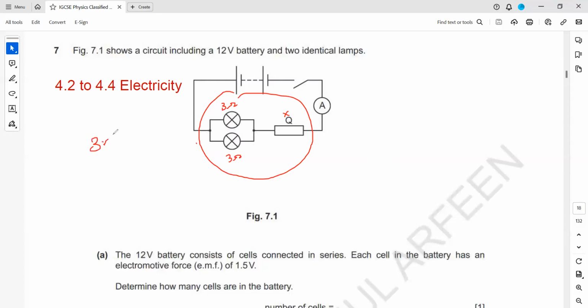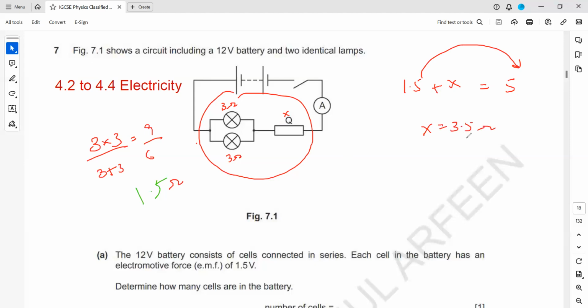It will be product divided by sum, so 3 multiplied by 3 over 3 plus 3, which is 9 divided by 6, or 1.5 ohm. So 1.5 ohm is the combined resistance of the two lamps. This 1.5 plus X, which is the resistance of Q, equals 5. Moving 1.5 to the other side, X equals 3.5 ohm.